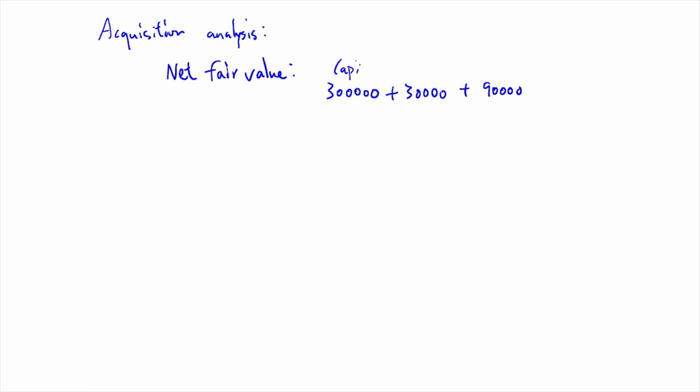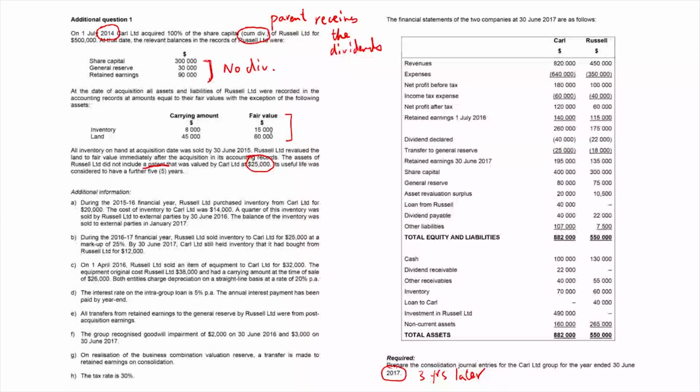For myself, I tend to write down the name of those equity accounts because it's going to help me to prepare some journals later on. On top of that, we also need to include the fair value adjustments. As you can see, in this question we got inventory, land, as well as patents that we need to include in our analysis.